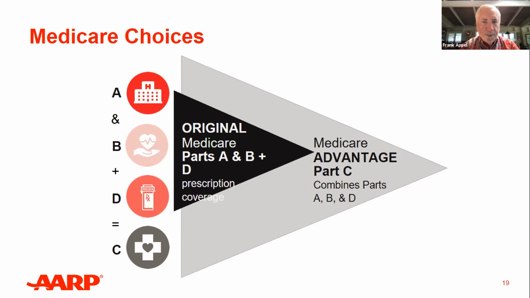Or this is where Part C comes in. You can choose to receive your Medicare benefits through a Medicare Advantage or Part C health plan that typically always includes Part A and B, and usually includes Part D. So there's two choices and some choices within those that you get to make.